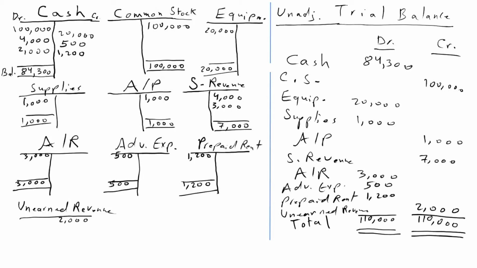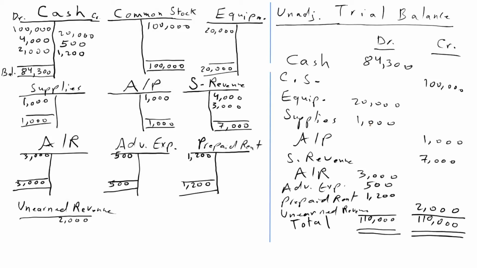All right? So let's go back to the unadjusted trial balance. That was the one we prepared last time. We've got a couple of accounts: cash, common stock, equipment, supplies, AP, service revenue, accounts receivable, advertising expense, prepaid rent, and unearned revenue. And some of these balances will change based on the adjusting entries.